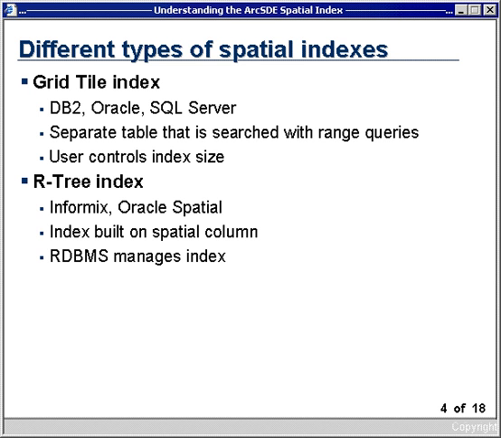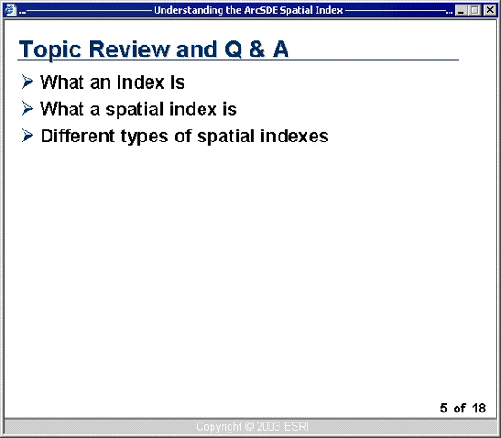So that's what we're going to be talking about in the next part of the presentation, is how those tiles get used by ArcSDE and by the RDBMS to resolve your spatial queries, and ways that you can go about choosing an appropriate size for your spatial index. So to recap quickly, we've looked at what a spatial index is and the different types of spatial indexes.